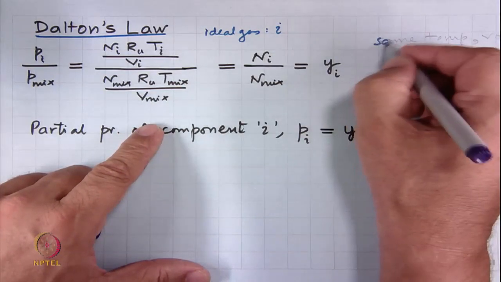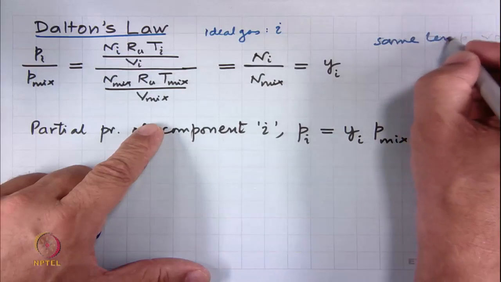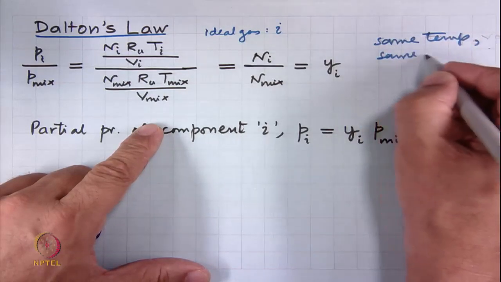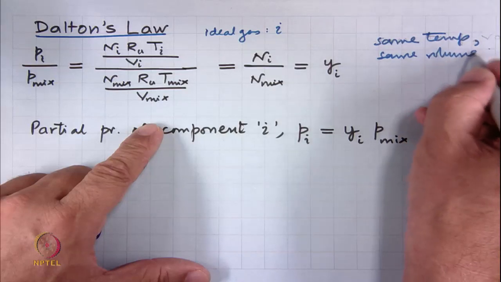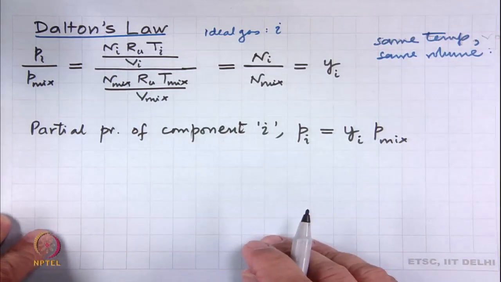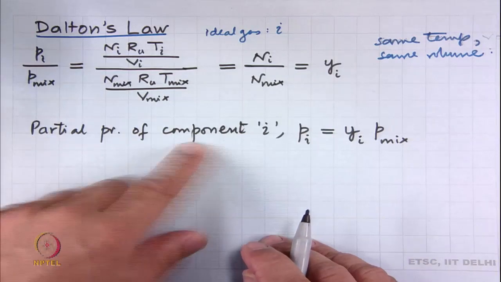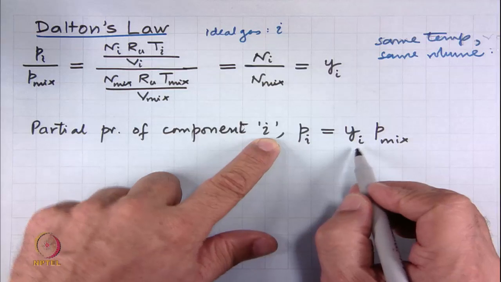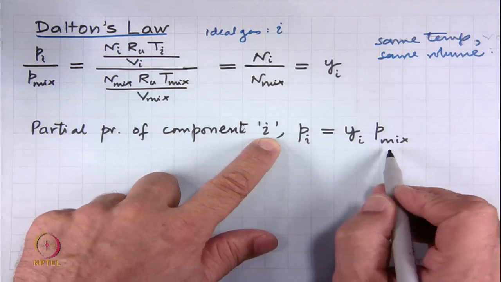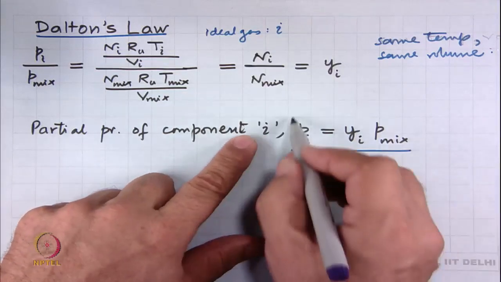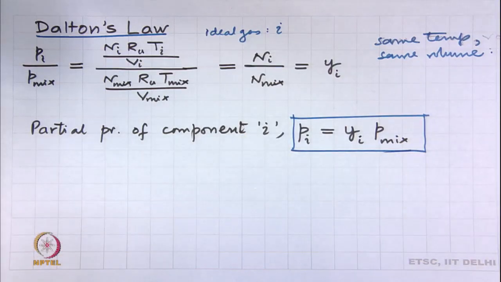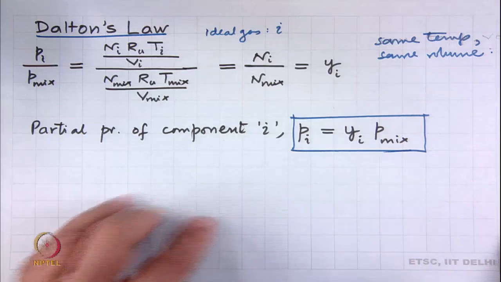And this we are, of course, as before, doing at the same temperature, same volume. So, we can say that the partial pressure of component I, Pi, is equal to its molar fraction multiplied by the mixture pressure. So, this is another important relation that came about because of Dalton's law.